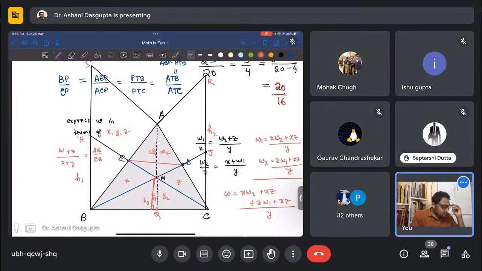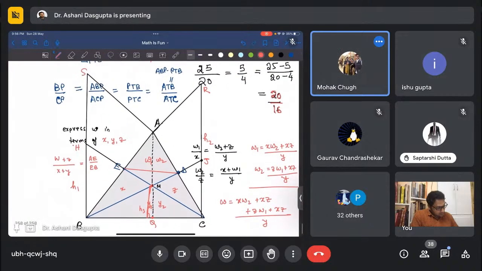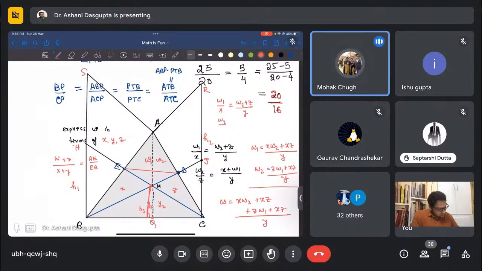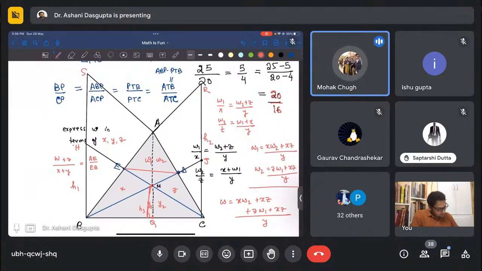And originally we had this equation, W1 over X equals W2 plus Z over Y, and the other one, W2 over Z equals W1 plus X over Y. Now we can add these two as well.